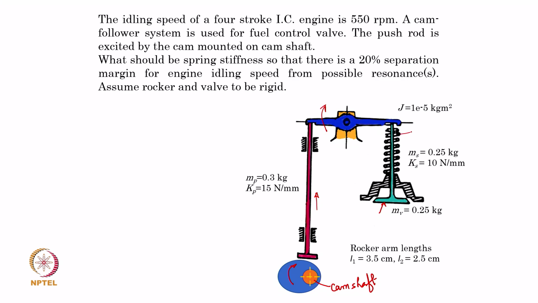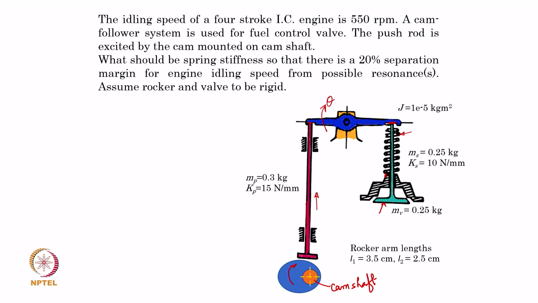So, this is the spring, the coil spring, which is connected to the other end of this rocker arm here, and it is fixed to the cylinder head. Okay. So, the spring is fixed at one end here, and at the other end it is just butting against the rocker arm's one end. The other end, the push rod is butting here. So, the push rod pushes the rocker arm, it rocks.